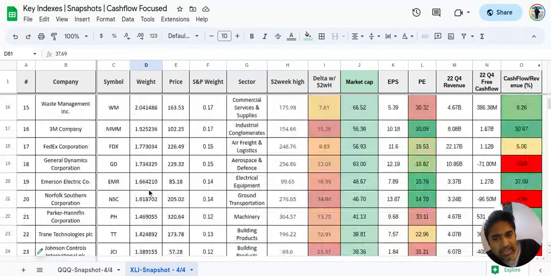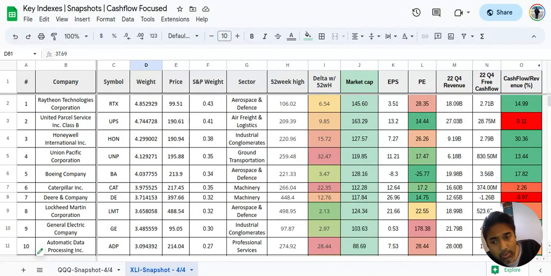A couple of things I want to capture from this video. One, that QQQ is why people are going there, and the reason is the cash flow. If you sort by cash flow and revenue in the QQQ sector, we saw which companies stood out, and then we chose our company based on low PE and high cash flow ratio.